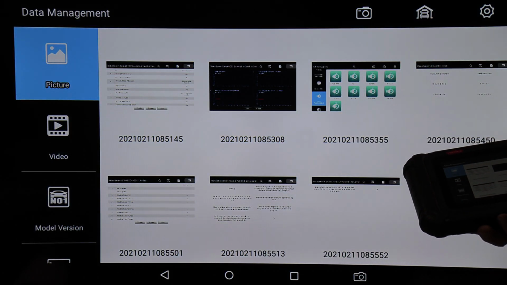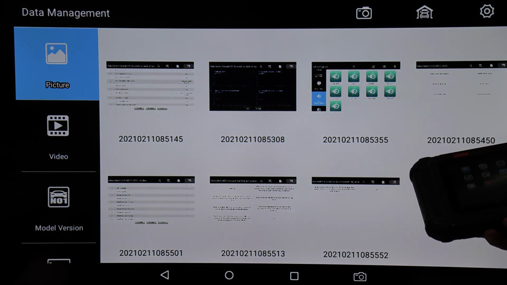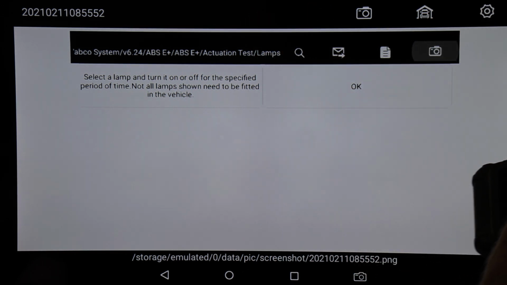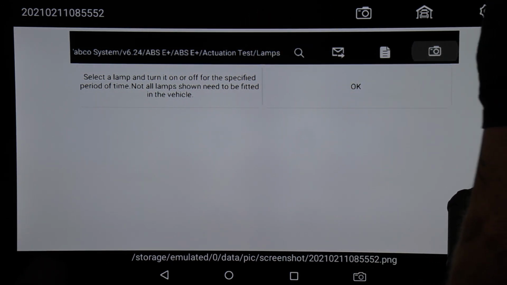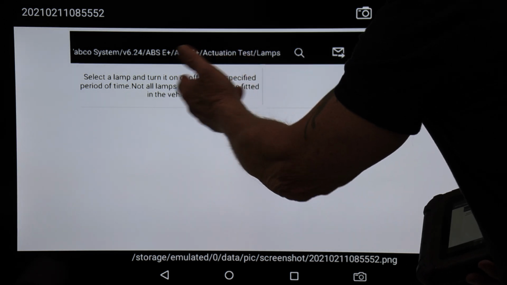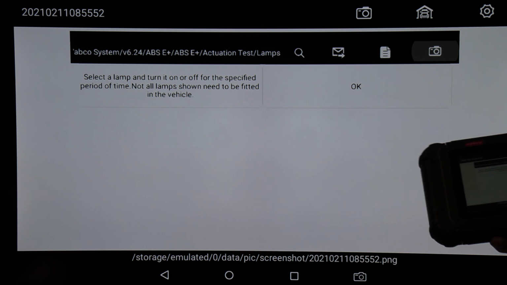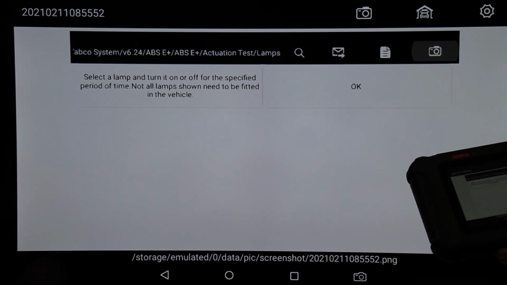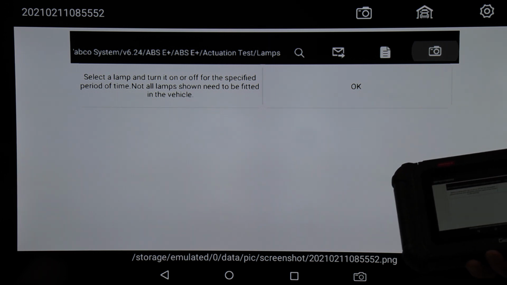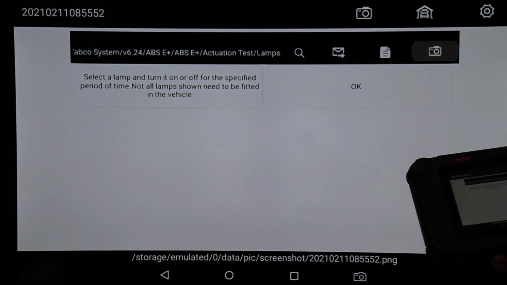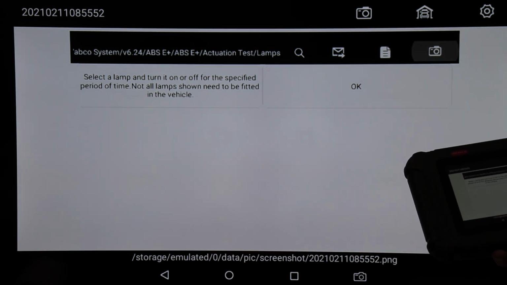Go for a ride. You can actually go into actuation tests, select a lamp, turn it on, off. A nice thing is, hey, my lamp doesn't seem to come on, something isn't happening. Let me see if I can command it on. Is there an issue? Am I having a communication problem, and so on.